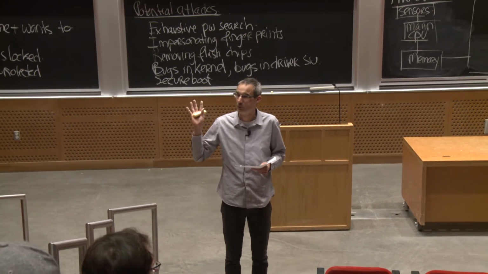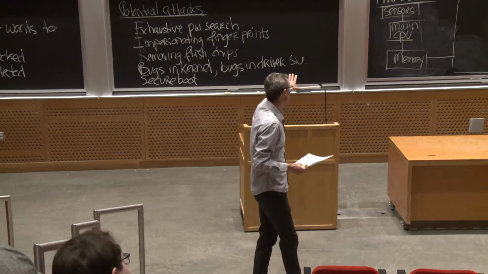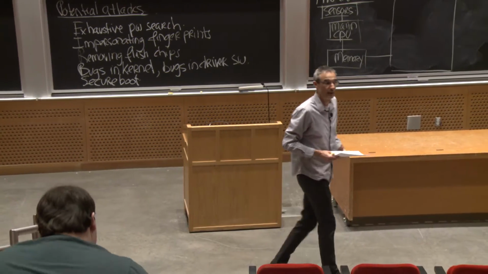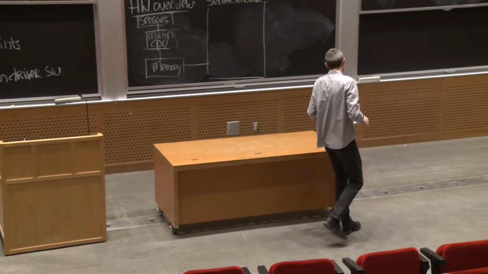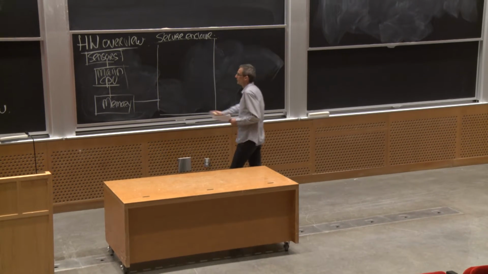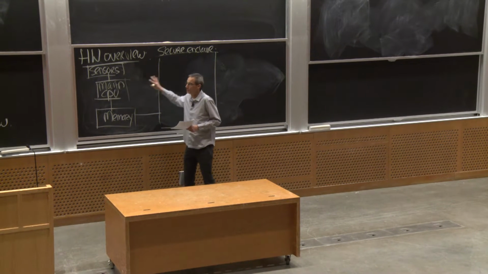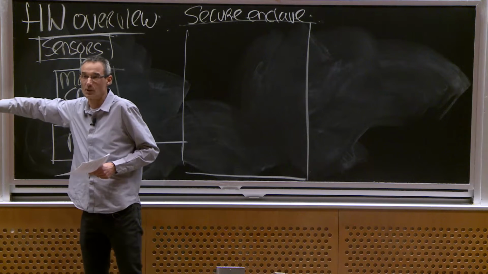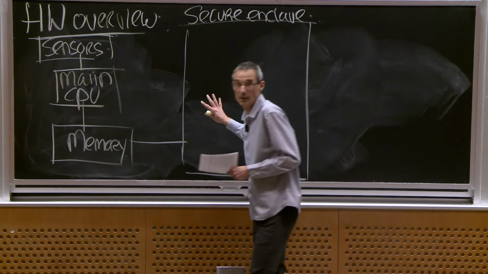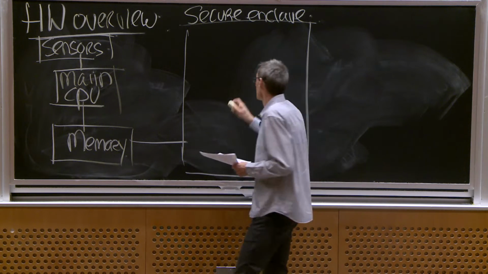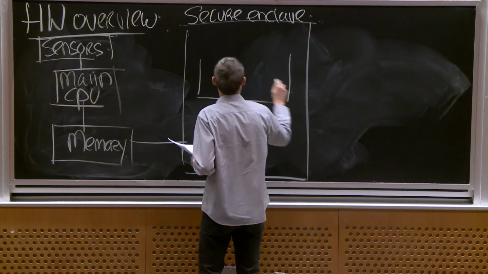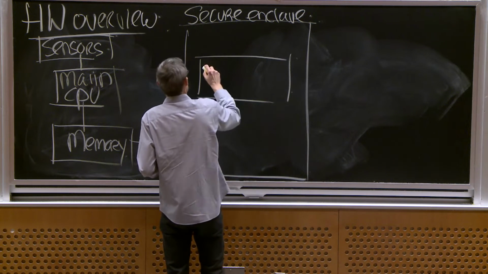And the code that we don't want to trust, we let run on the main CPU. So the idea is that iOS and all the applications will run here, and the code that is necessary to defend against these potential attacks runs inside of the enclave. And so there's a separate processor in here, the enclave processor.